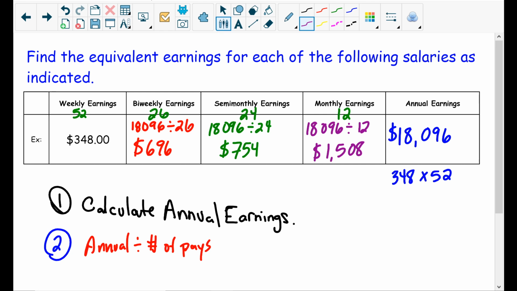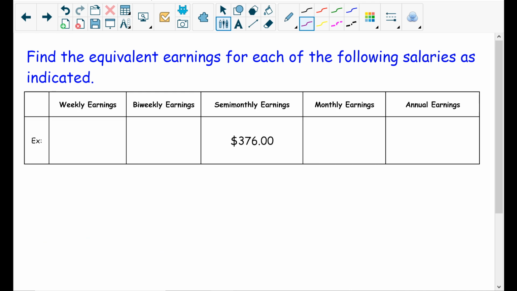Let's do one more together. Here we're given semi-monthly. Our weekly was 52, bi-weekly 26, semi-monthly 24, and monthly is 12. So here we're going to multiply 24 times 376, $9,024.